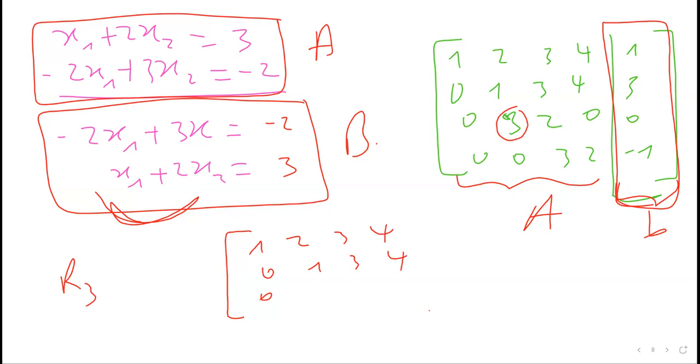Row 3 will now be row 3 minus 3 row 2. If we do that, then we have 0 here. Then 2 minus 9, which will be minus 7. And here we have 0 minus 4, which will be minus 12. Then the next row, right?